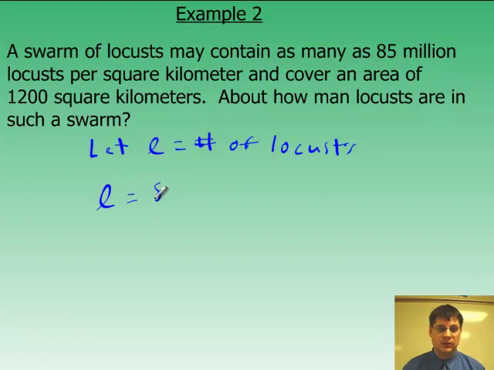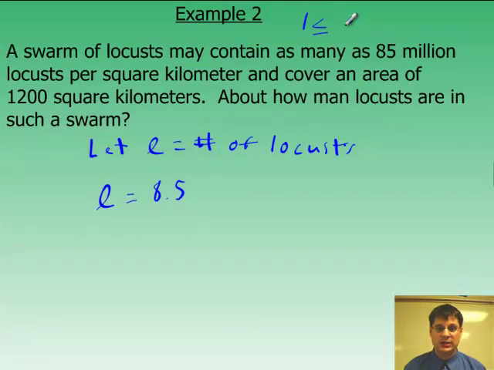Now remember, in scientific notation, you're going to have your first number, and it's got to be between 1 and 10. We'll call it A. So it's going to be greater than or equal to 1, but less than 10.